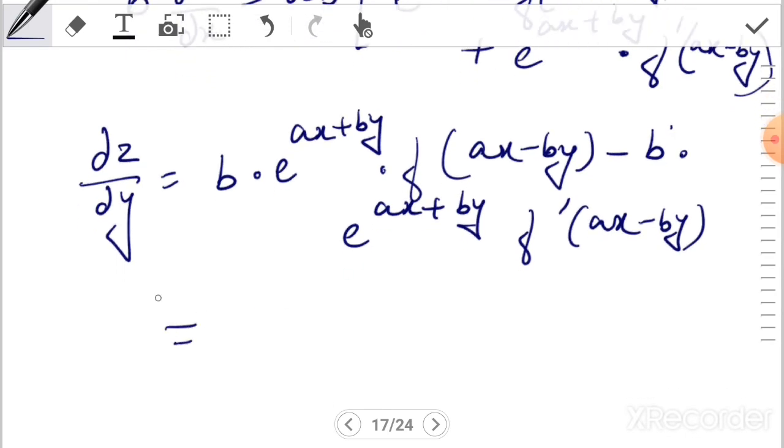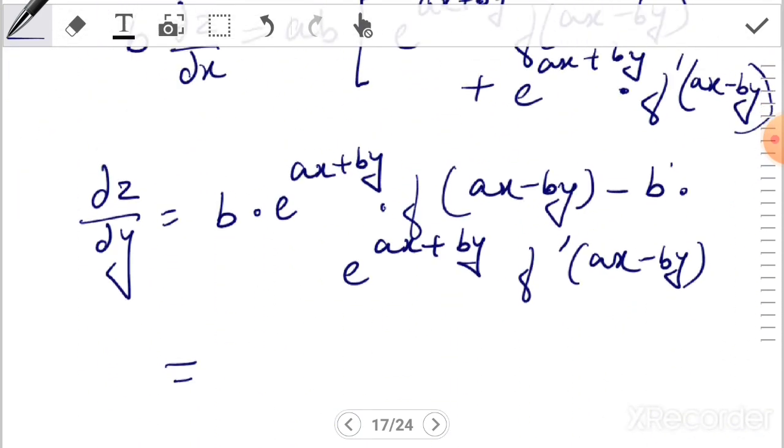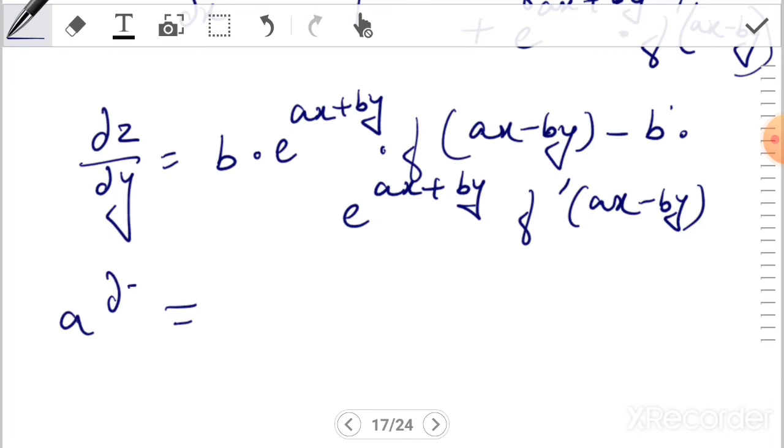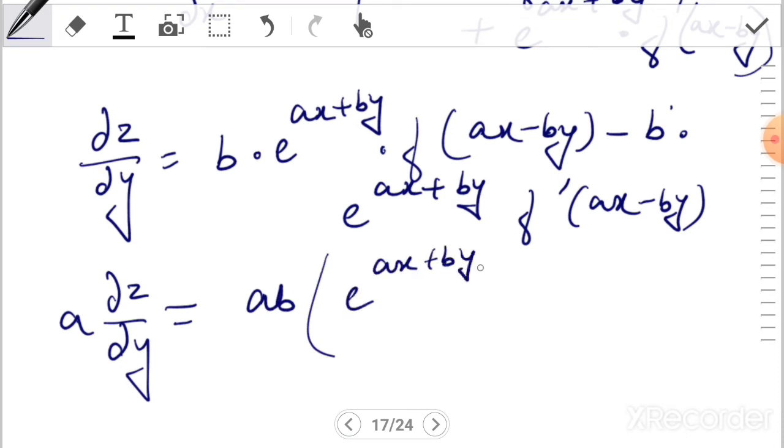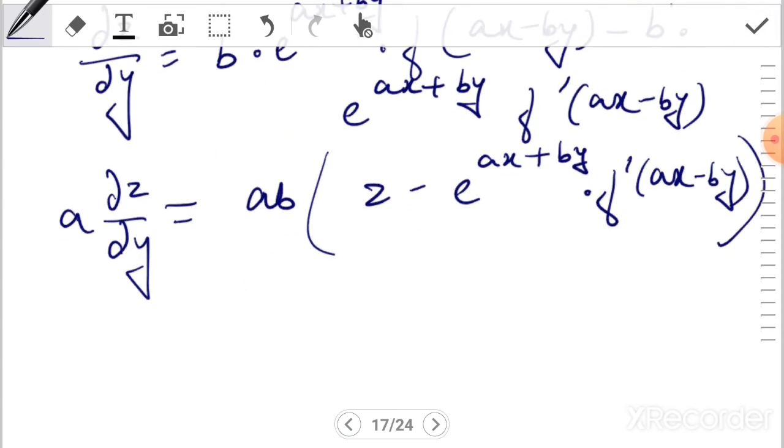Now take b outside and you have to find a del z by del y. So multiply a. So a del z by del y, you will get ab as common and e to the power (ax plus by) f(ax minus by). This is nothing but z. So z minus e to the power (ax plus by) f dash (ax minus by). Now add both equations.